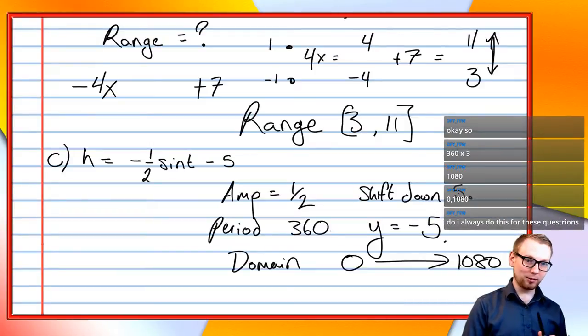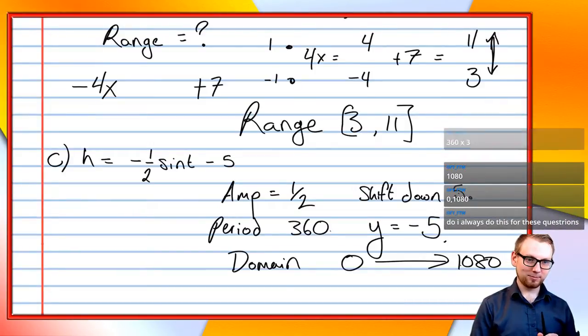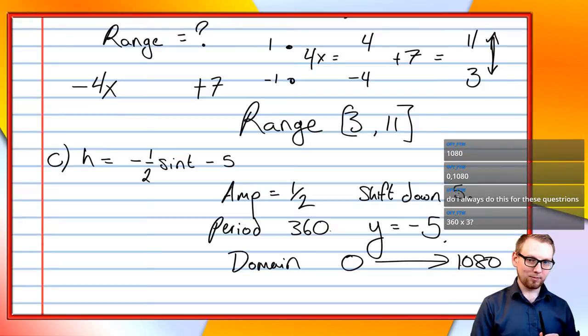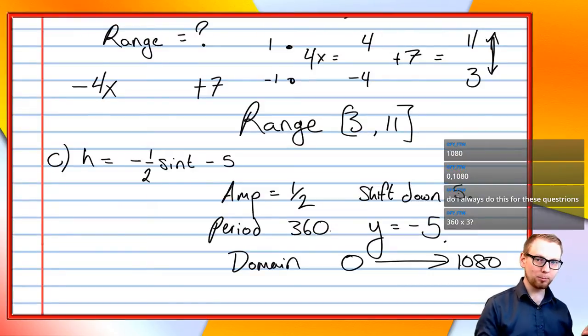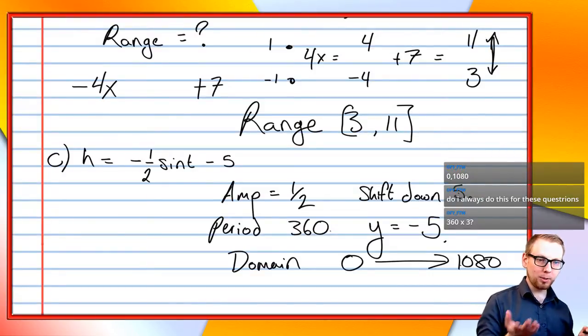Now we'll do the range. No, it's only because A and C didn't have a change in their period. B did, remember?